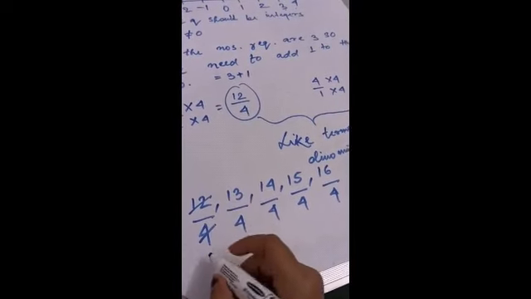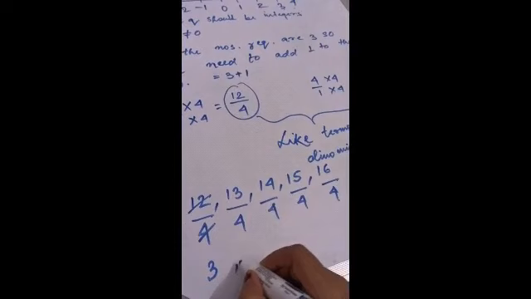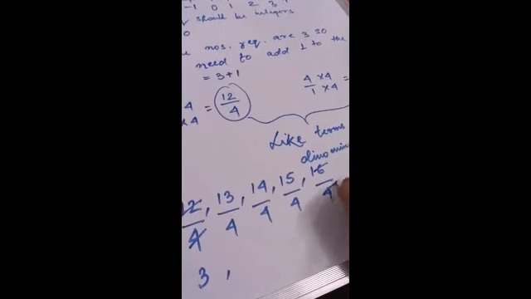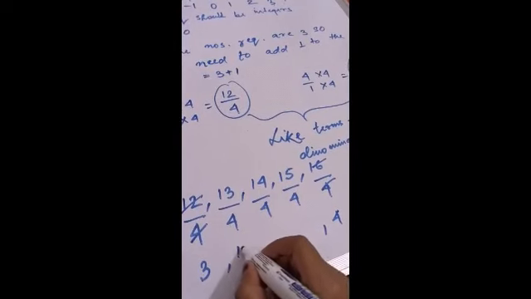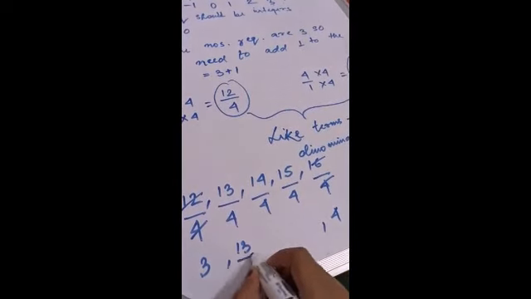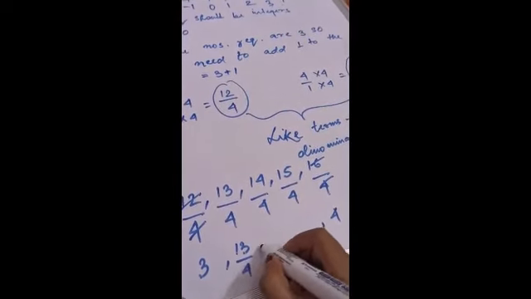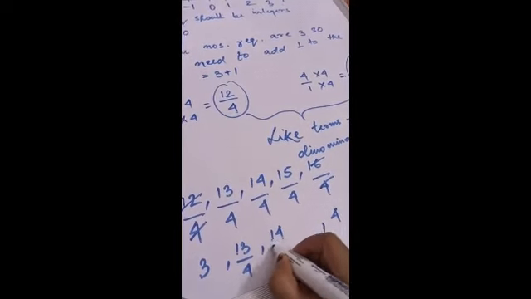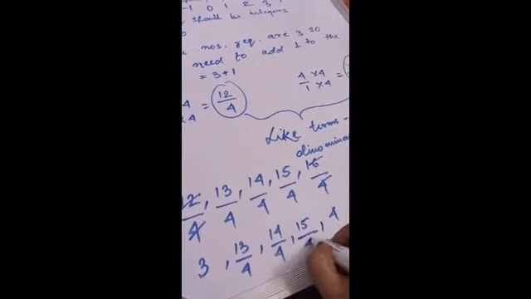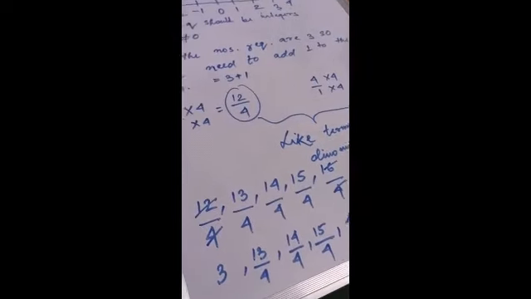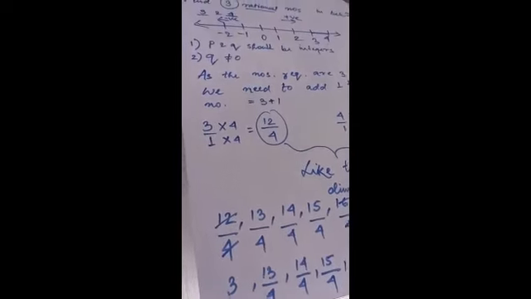If we reduce it, this is coming as 3, and if we reduce this is coming as 4. So what are the rational numbers in between 3 and 4? 13 by 4, 14 by 4, 15 by 4. Okay, so this is how you solve this kind of problems.